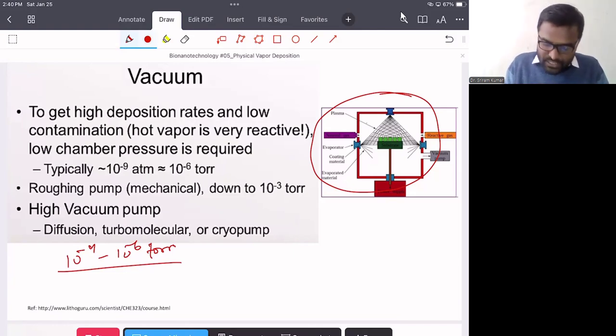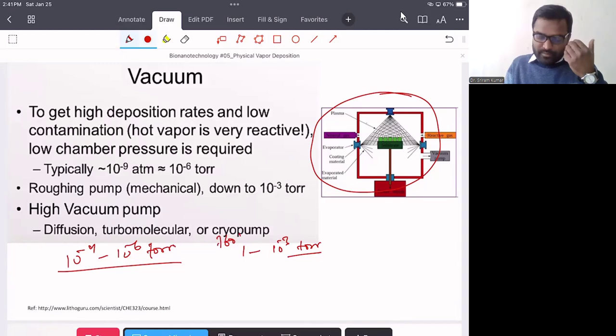The first stage is from atmospheric pressure, 760 torr, down to about 10 to the minus 3 torr. We can make this initial low pressure by using a mechanical pump.